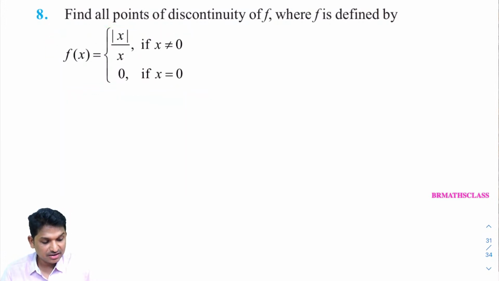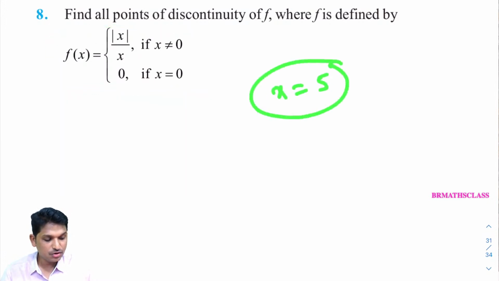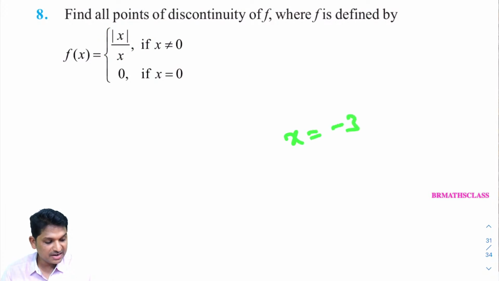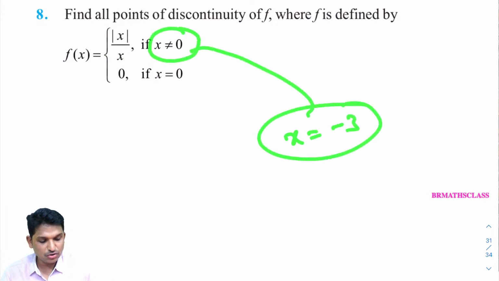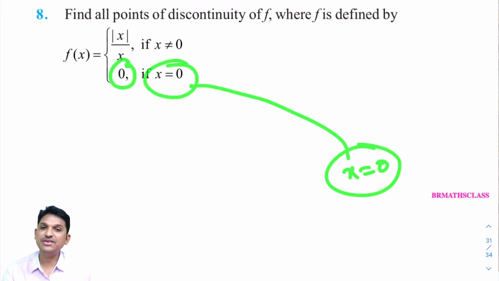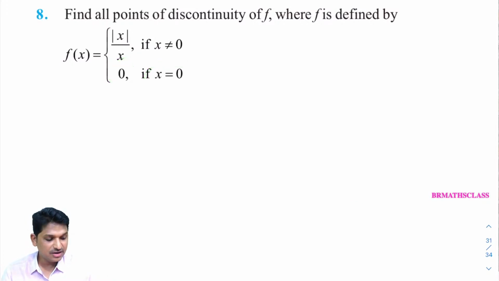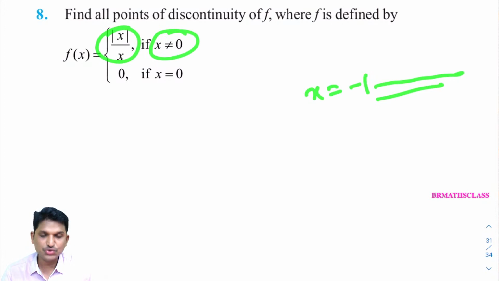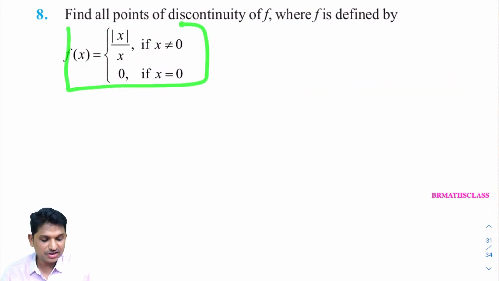Suppose x equal to 5. 5 is not equal to 0, so we need to choose the first function. x equal to minus 3 is not equal to 0, so we choose the first function. x equal to 0, we choose the second function, f of x is 0. x equal to minus 1 crore is not equal to 0, so we choose the first function. So the domain of this function is all real numbers.